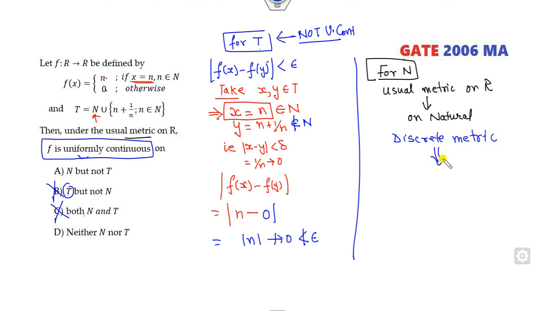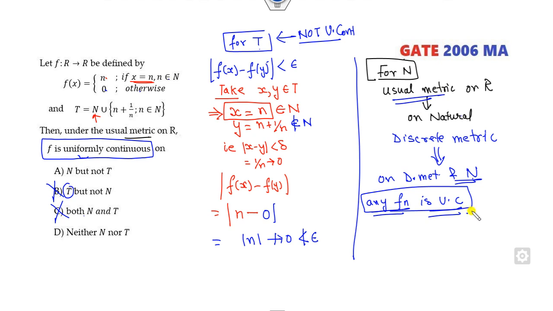And we all know that on the discrete metric, on the natural numbers given to you, any function is uniformly continuous. It means f is uniformly continuous on N, but not on T. So "N but not T" is the correct statement. So the right answer is A.